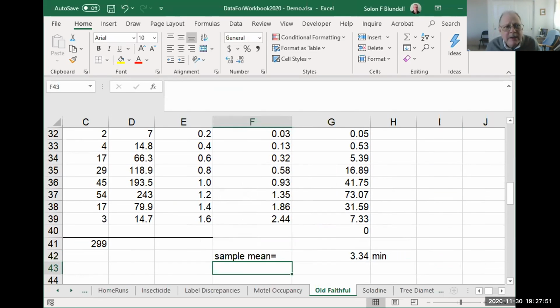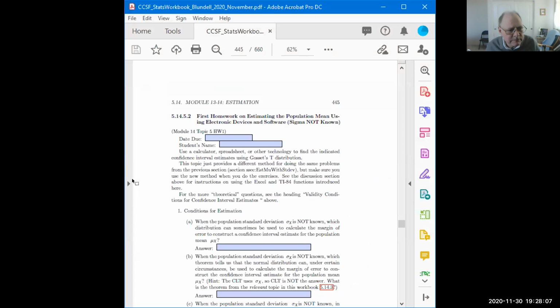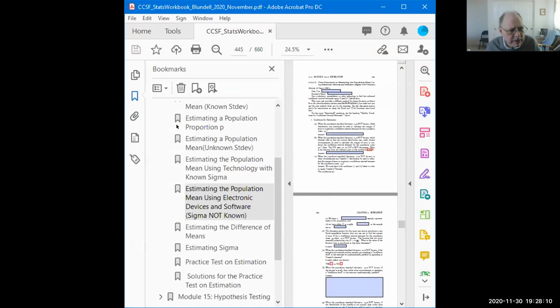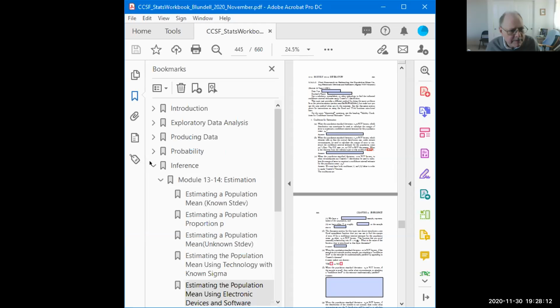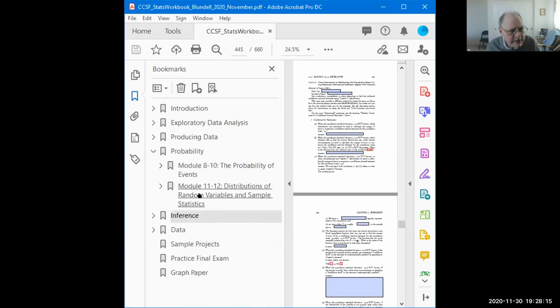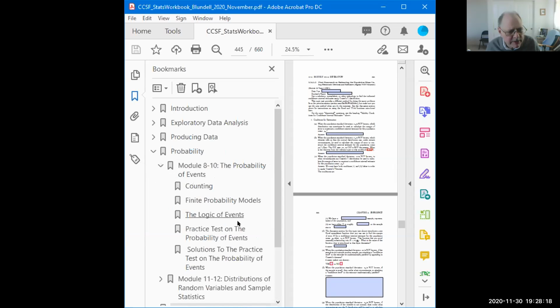Let me just point out where this is in the workbook also. In the chapter on probability, we talked about this because it's analogous to how you find the mean of a probability distribution.